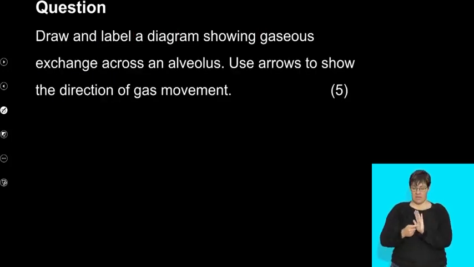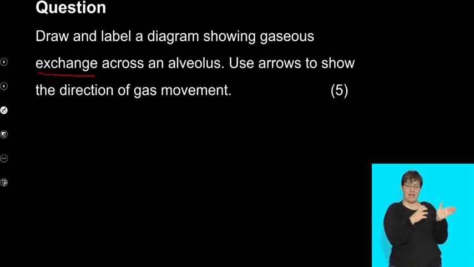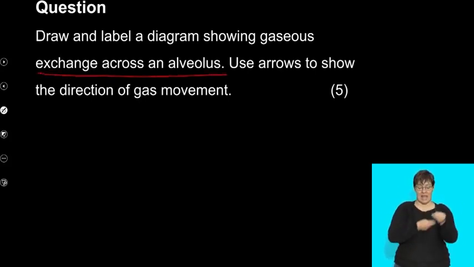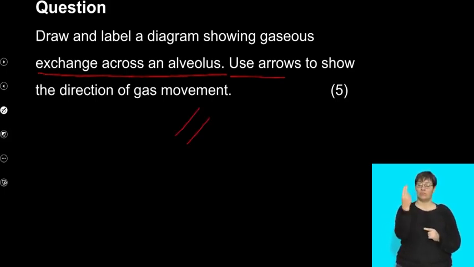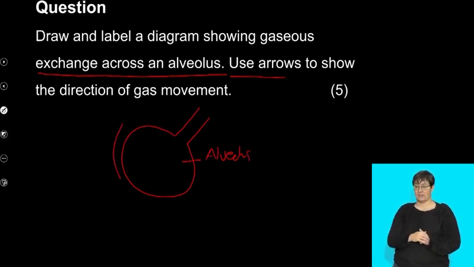I want to quickly go over this one because I thought it was a nice change. It says draw and label a diagram showing gaseous exchange across an alveoli. Show the arrows to show which direction it moves. So the diagram that you had to draw is an alveoli. Then you had to obviously label it. Then you had to draw a blood capillary.